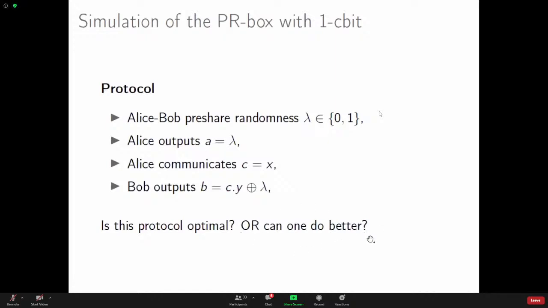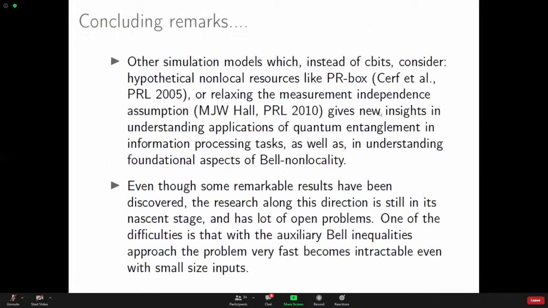So now I just want to summarize my talk. So we see that there are other simulation models instead of C-bit, which consider hypothetical non-local correlation like PR box, or as Professor Hall explained very well in his talk, relaxing the measurement independence assumption.